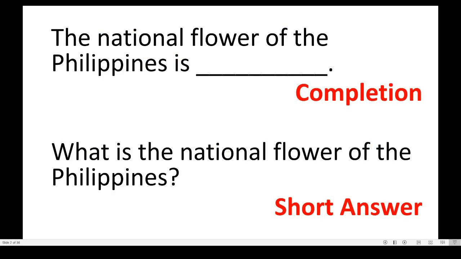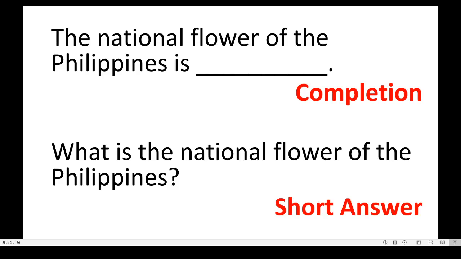Magkaiba sila in a sense kasi pag completion, ito yung kinokompleto natin siya. So, in a sentence, there's a missing word there and you have to complete the word that will make the sentence correct. And pag sinabi naman nating short answer, most teachers would refer to this as identification.